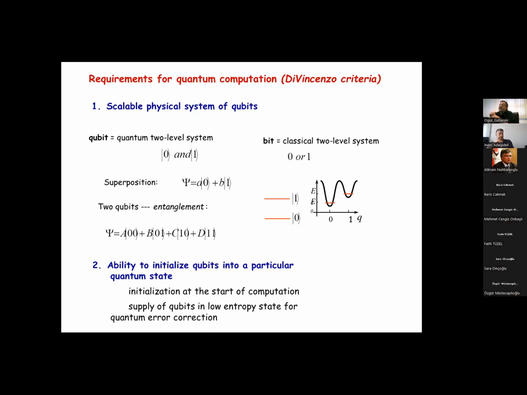If you look at hydrogen, you start from the 1s state and the 2s and so on. So this is an infinite series of discrete energy levels. What you need is 2 well-defined, well-separated energy levels to introduce your physical qubit system.